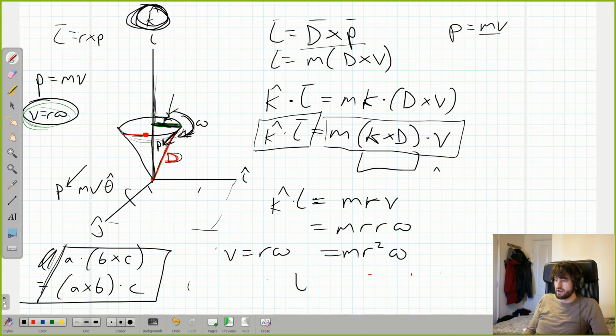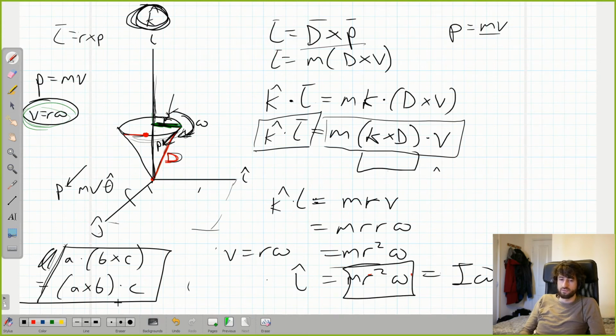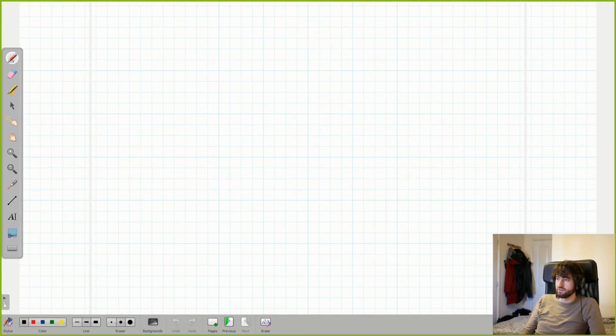So we can say that the L we're interested in, the L in this direction, is MR squared omega, which equals I omega. Congratulations, we've found inertia. This is inertia, MR squared. If we have some point, I know that maths is annoying, but you'll never have to do it again, don't worry.